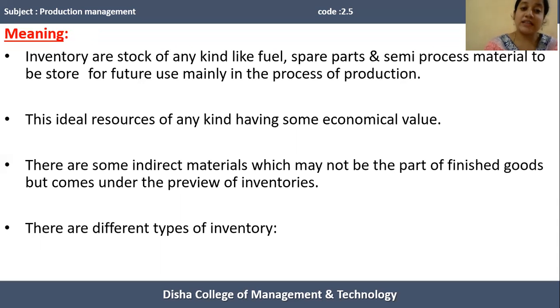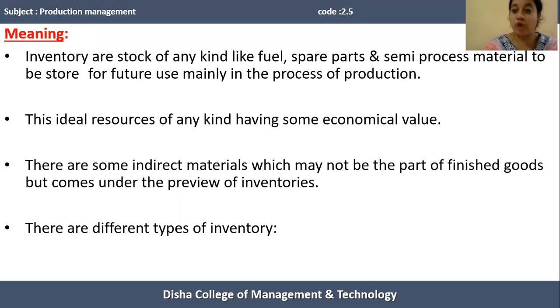So inventories are the stock of any kind like fuel, lubricants, spare parts, semi-processed material to be stored for future use, mainly in the process of production. Means in the process of production, whatever items are necessary, those items are known as inventory.